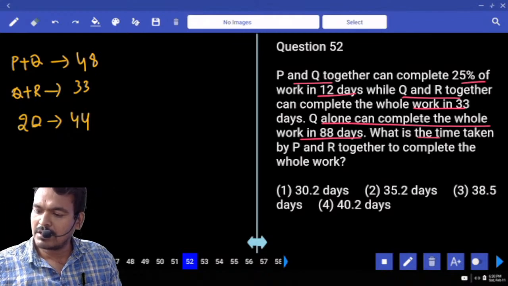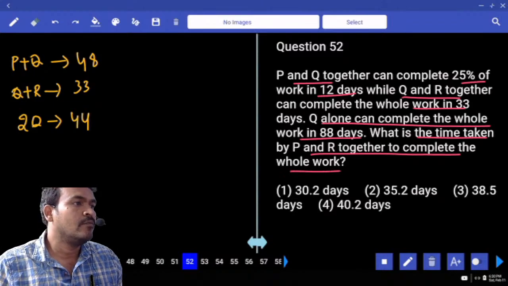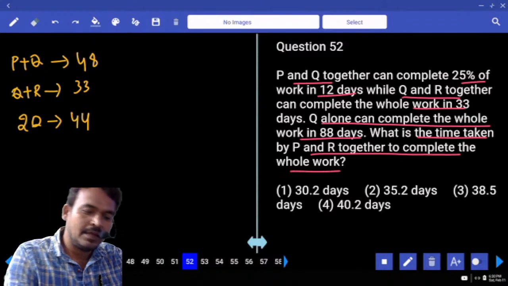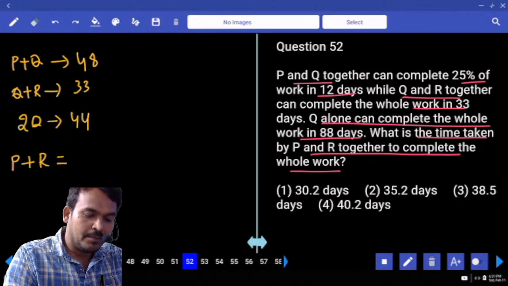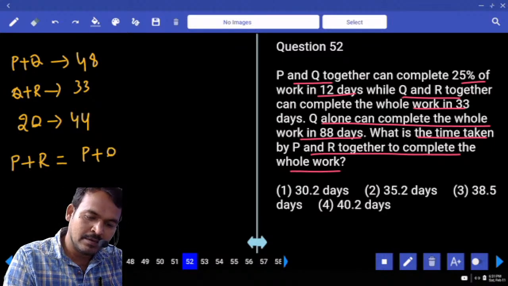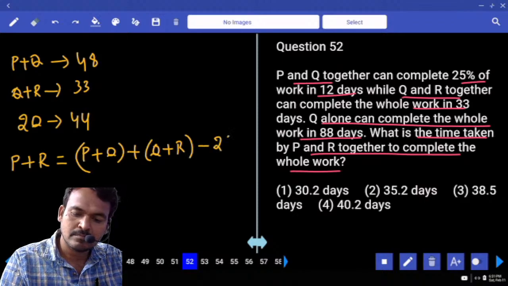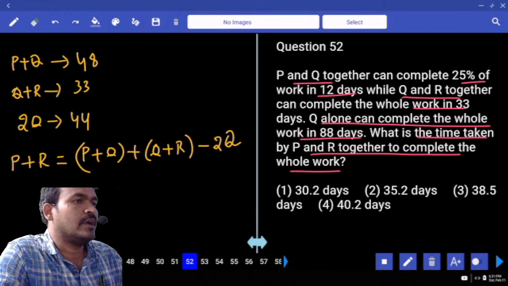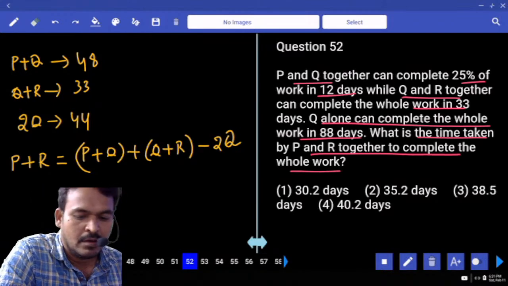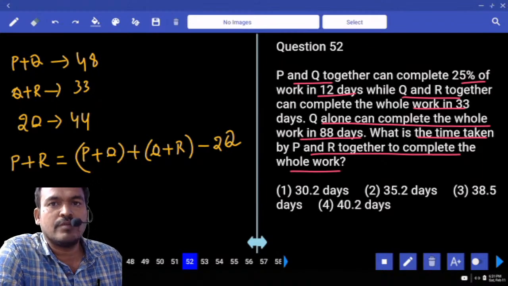What is the question here? The time taken by P and R together to complete the whole work. We require P and R. Then P and R together equals P plus Q plus Q plus R minus 2Q. P plus Q means the 1 day work of P plus Q, Q and R means the 1 day work of Q and R, and 2Q means the 1 day work of 2Q.